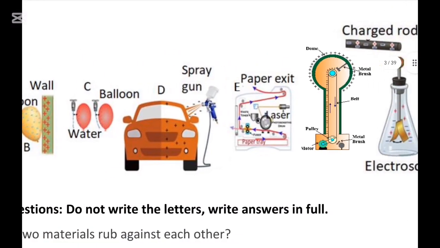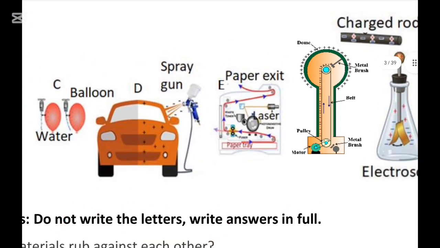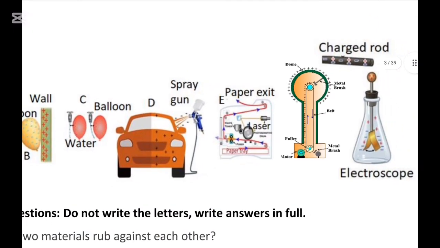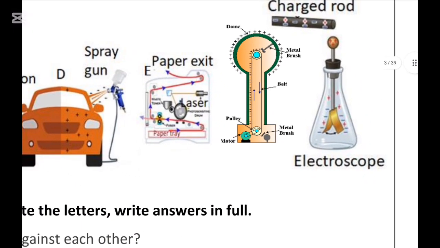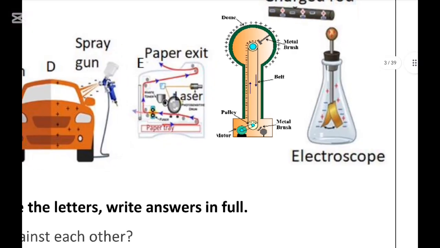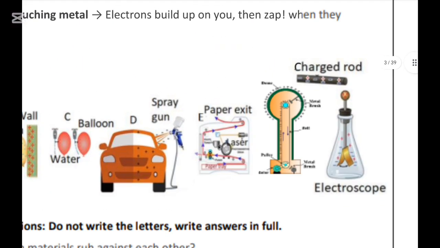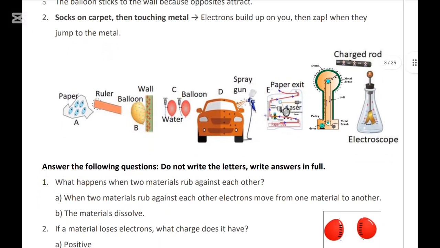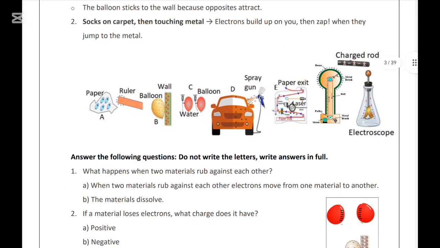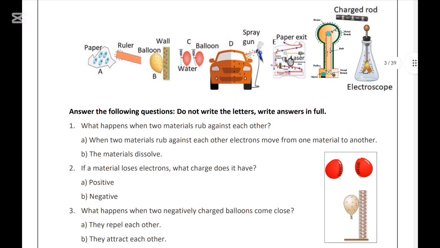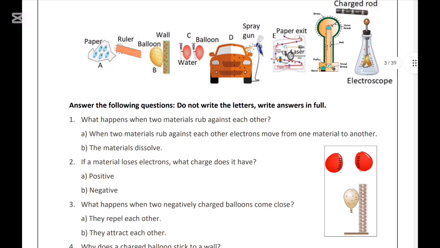That is used when they are modifying cars and all that. And we also got the electroscope. Inside you got negative and positive, negative and positive. The aim is for you to understand that in this topic we talk about negative and positive electrostatics, right?